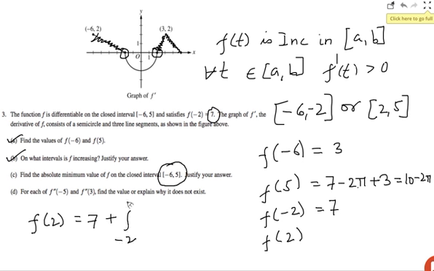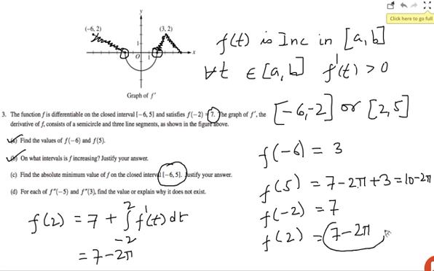From minus 2 to 2, the integral of f dash t, the derivative of the function, is going to be just this area. So it is 7 minus 2 pi. Now, out of these 4 values, whichever is the minimum gives you the minimum value of the function. As you can see here, 7 minus 2 pi is the minimum of all. So the absolute minimum value of this function is going to be 7 minus 2 pi, right?